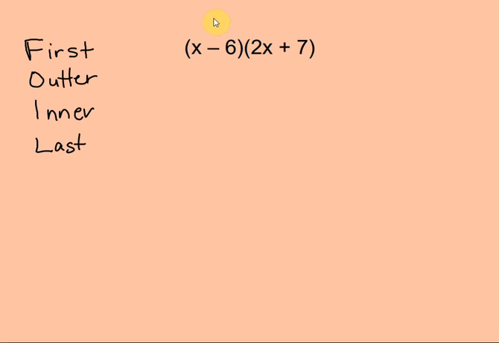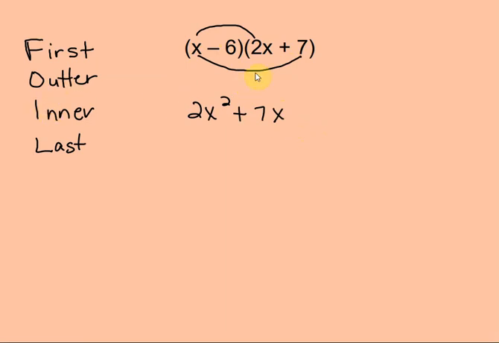So when we distribute the first term times the other first term, that's where the first comes from in FOIL, we get x times 2x, which would be 2x squared. Next, we'll multiply the outer two terms, which is x times 7, and that would be a plus 7x.